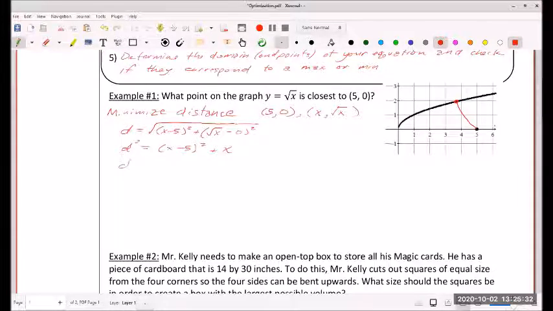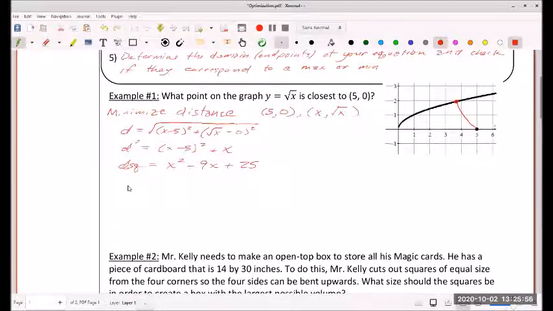We'll call that d squared, and we can go ahead and multiply this out. That's going to be x squared minus 10x plus x, so it would be x squared minus 9x plus 25. So by minimizing this parabola, I can find the minimum distance, find the point that is closest to 5, 0, minimize that distance.